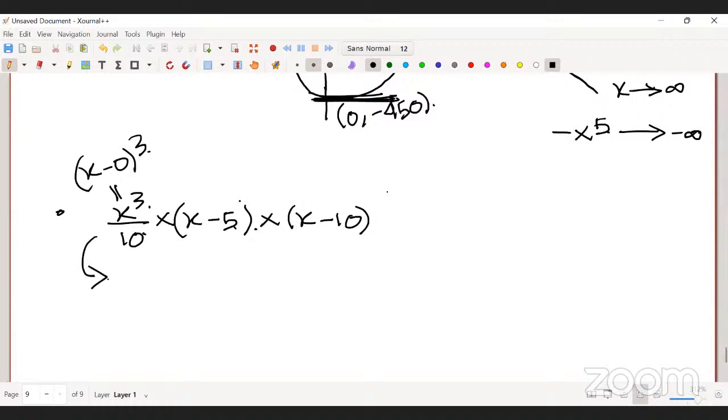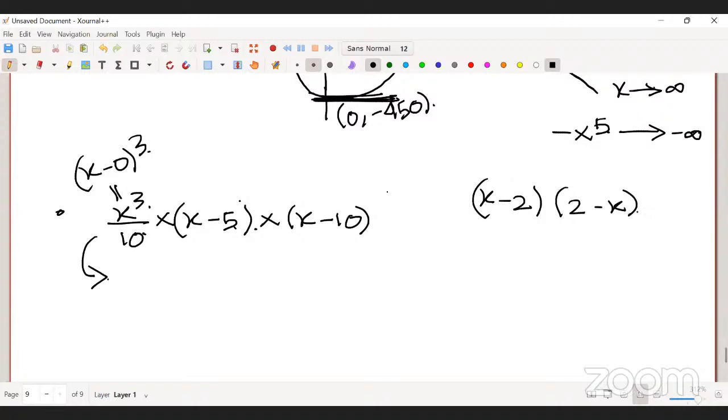Actually, I was confused. In the question, x was given individually, so I thought how is it possible that for a particular root there can be two behaviors, like it can bounce back also. So sometimes you may see this type of question: x minus 2 into 2 minus x.